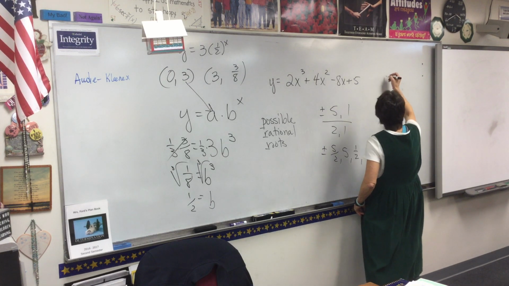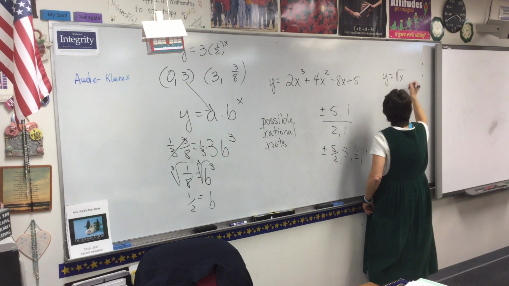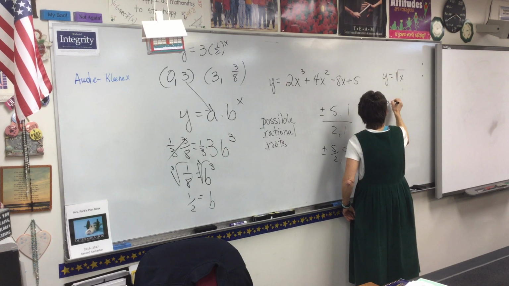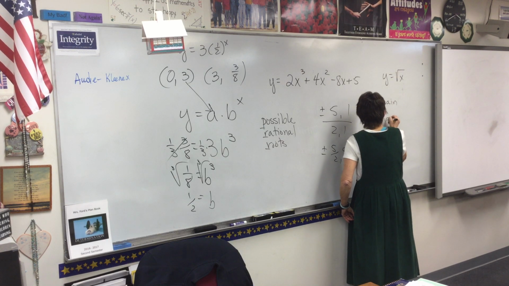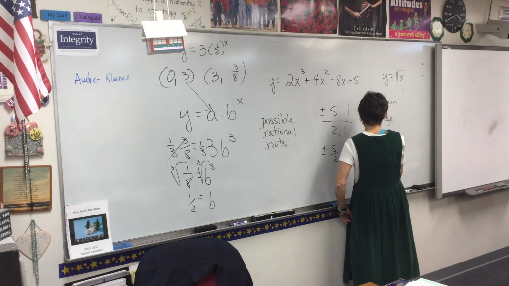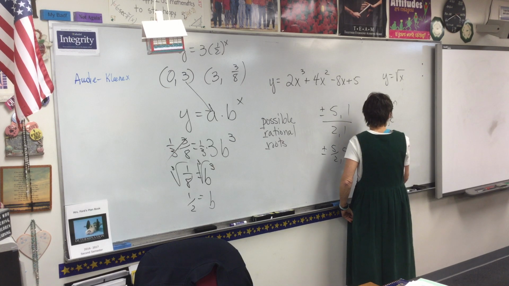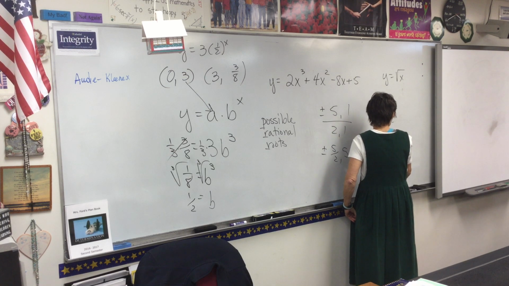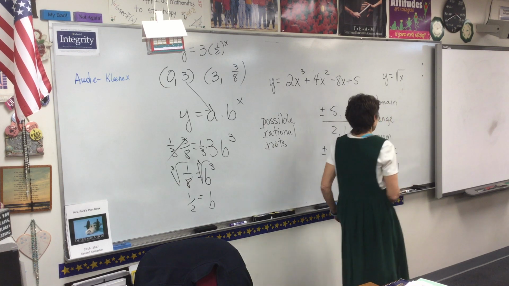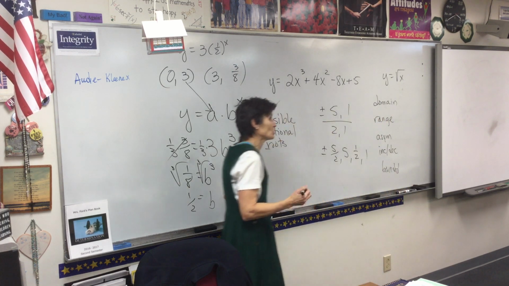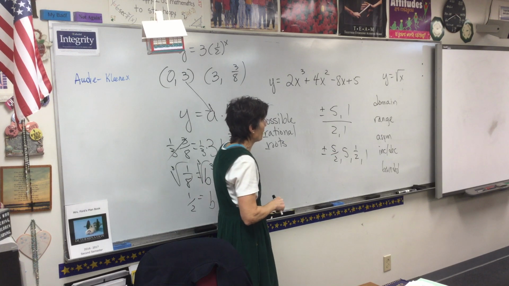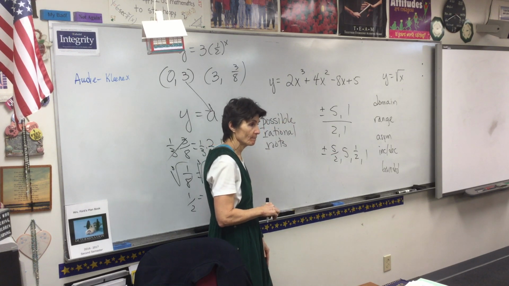But if we take the square root function, we want to know the domain and the range, and what else do we want to know? Asymptotes, increasing, decreasing, and bounded. So we want to answer some basic function questions about the square root function.